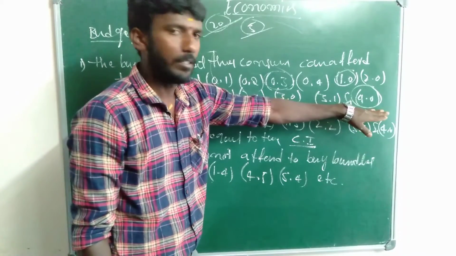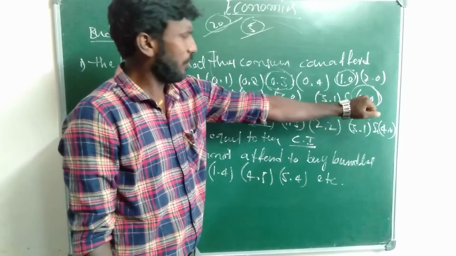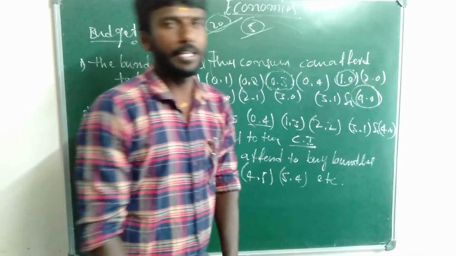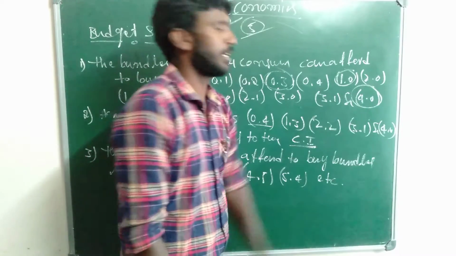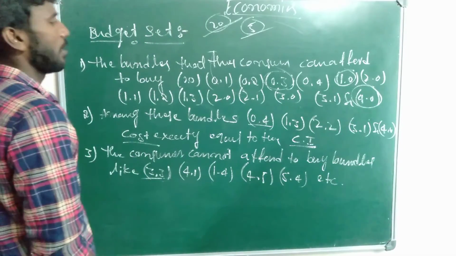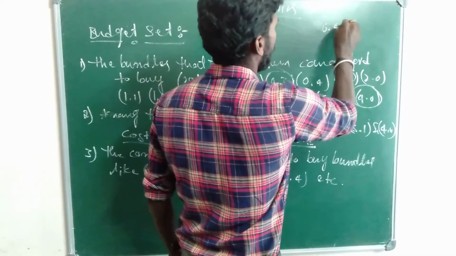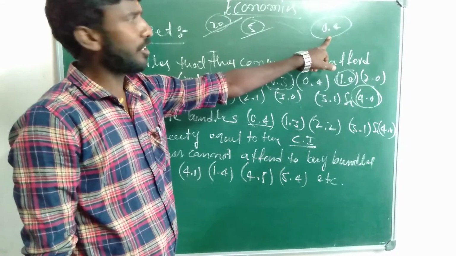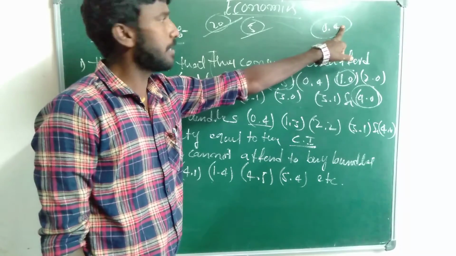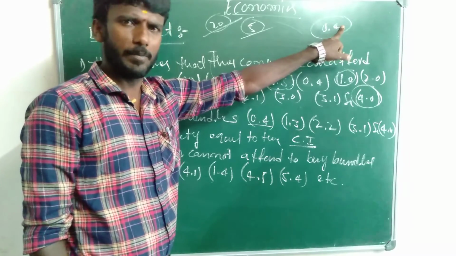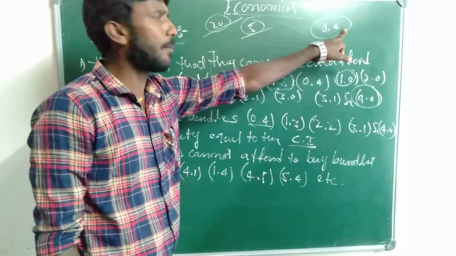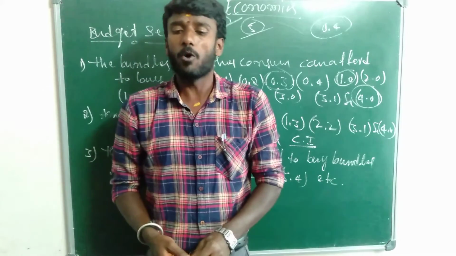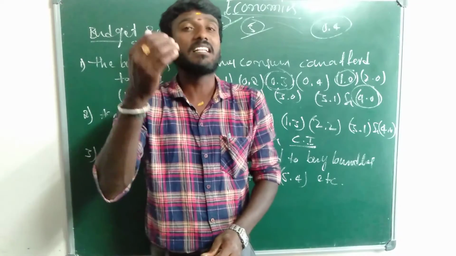In this bundle, we want only X1 commodities, X2 is not needed. That's why we are choosing this. Or let us consider one more bundle, that is 0 4. In this bundle, X1 commodities are 0, but 4 commodities of X2 will be there. It means we want more commodities of X2. That's why we have to choose it. That is what I'm saying here, both the goods are perfectly divisible.